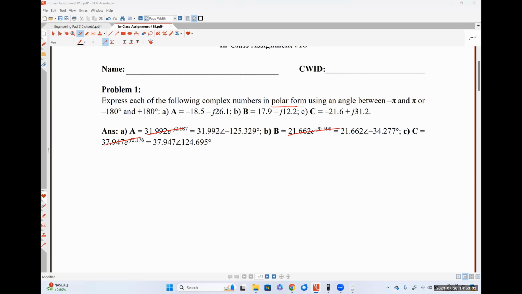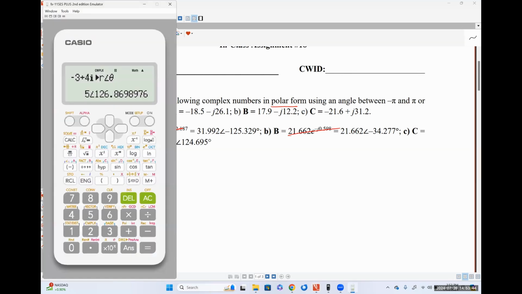Cameron, could you tell me what type of calculator you have? I have a Casio 115. So Cameron has a Casio 115. So I'm going to bring up the Casio 115. We're going to clear all this out, and we are going to work part A using a Casio 115.